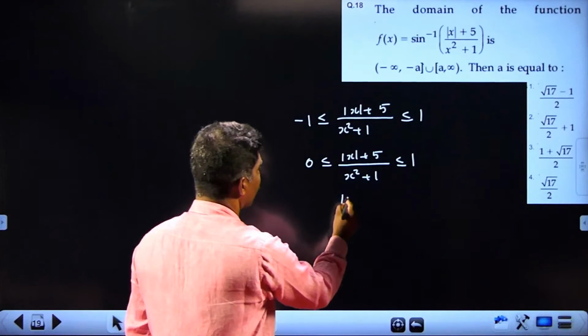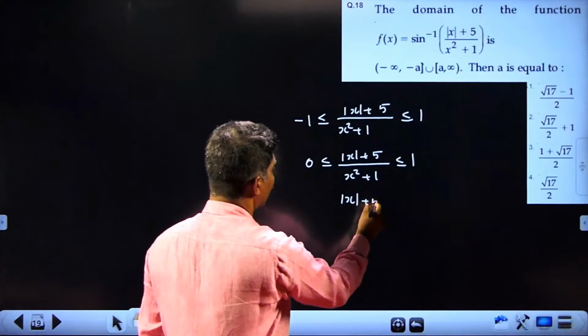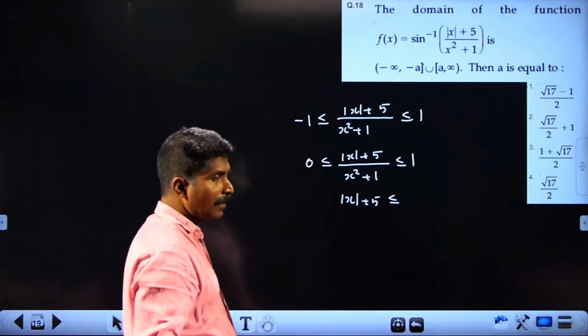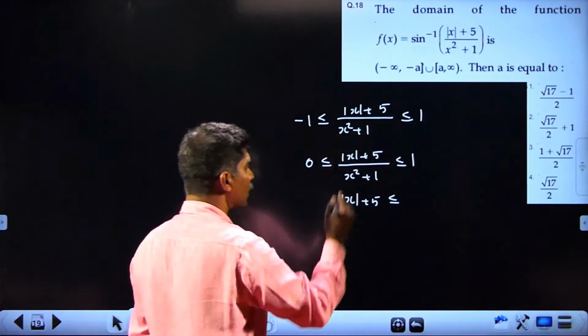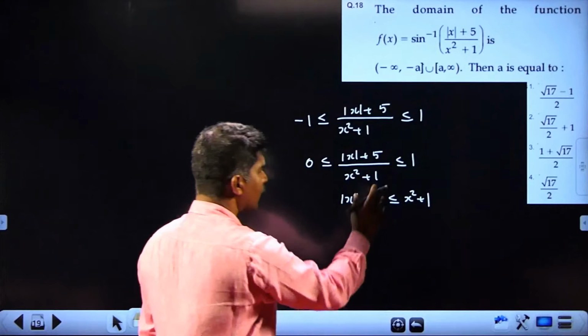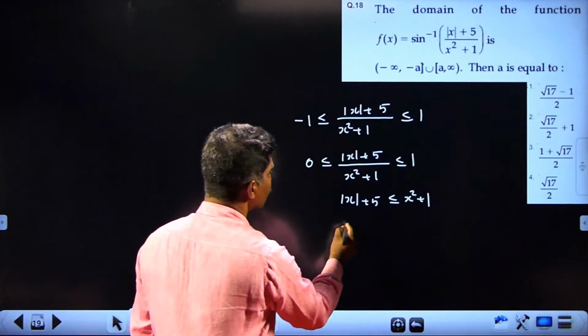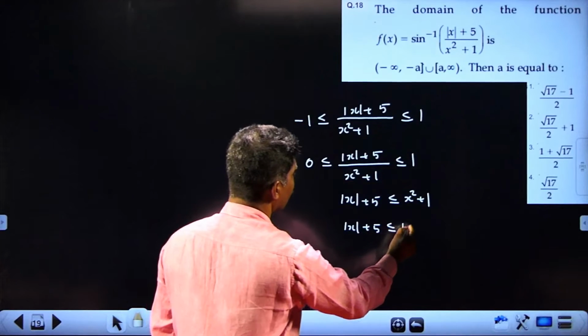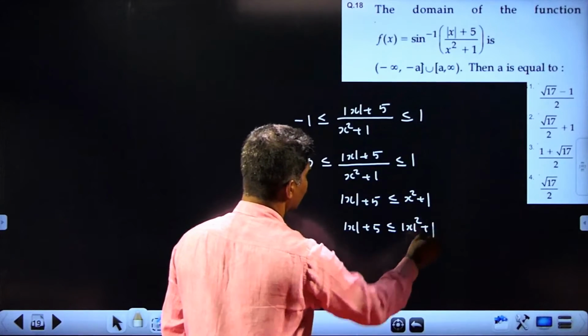So, mod x plus 5 less than or equal to, as it is positive, therefore you can multiply, less than or equal to what? X square plus 1. And this x square is nothing but mod x square. So, I will write mod x plus 5 less than or equal to mod x square plus 1.